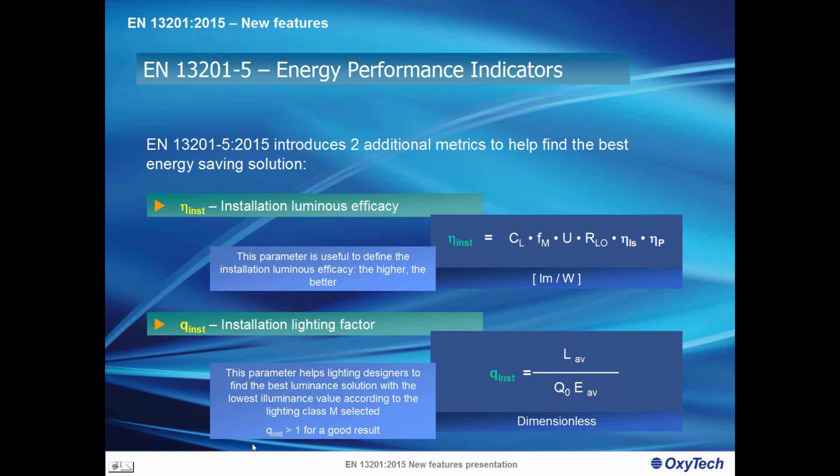So at the end, we can say that the Q-inst is good if we are above 1. And in this case, we can get good results. So it is helping the designer in order to find the best possible solution. Few words about the installation luminous efficacy. It is also another parameter which is quite interesting in order to achieve the best result possible in our installation.